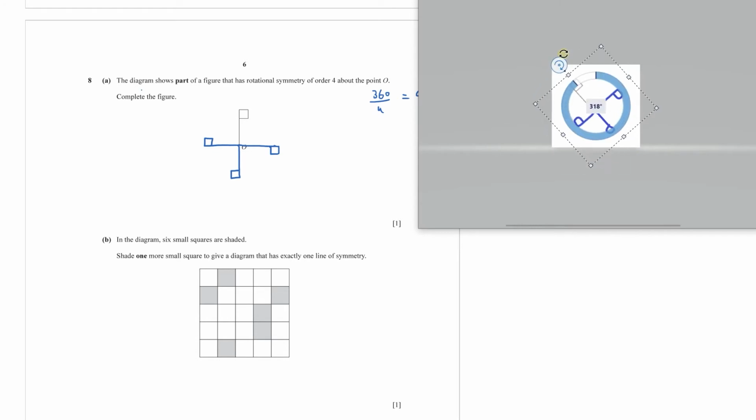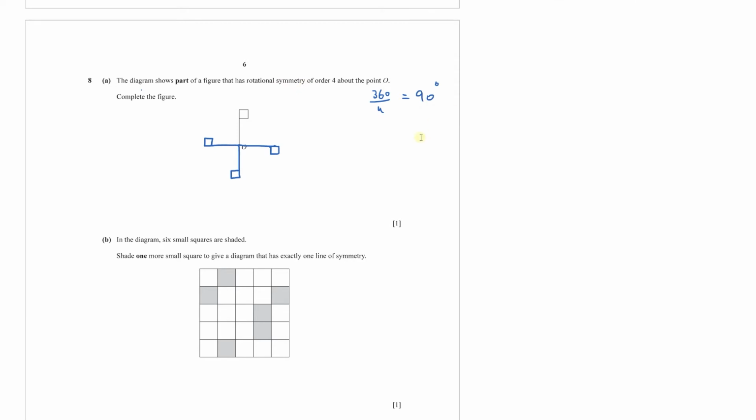So back to full 360 degrees. This is the basic definition of rotational symmetry, where your order is the number of times you will have the exact same figure during the full 360 degree rotation. So here, every 90 degrees, you get the exact same figure. So that means a total of 4 times during the full 360 degree rotation. So that's how you get rotational symmetry of order 4.